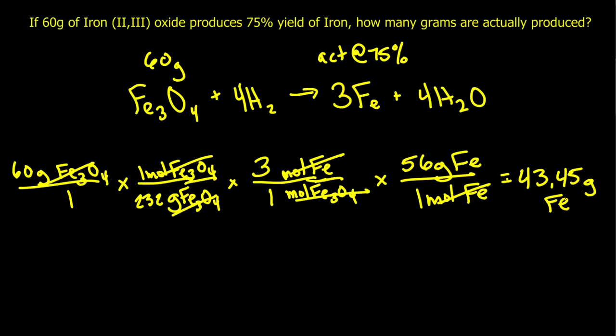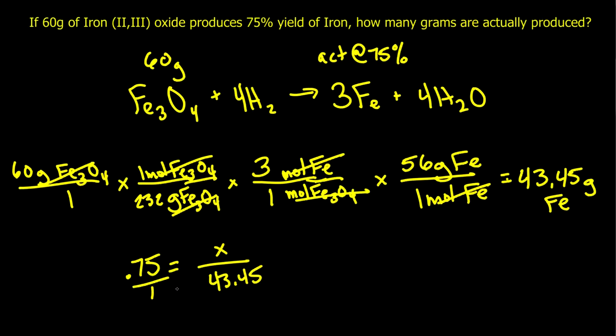So what is our actual yield? So our percent yield is 75. So 75 changed to decimal is 0.75. The actual yield is what I'm looking for. Theoretical is 43.45.